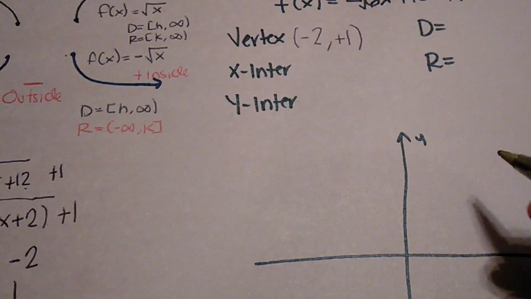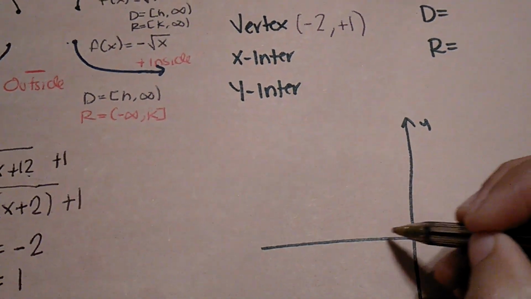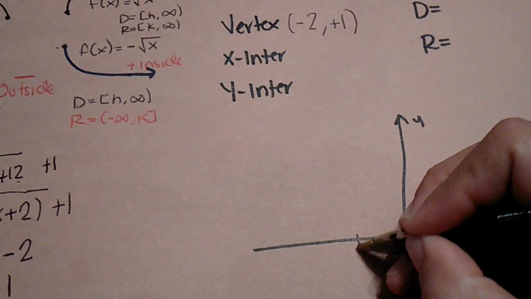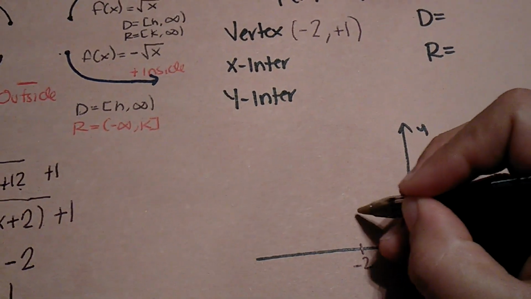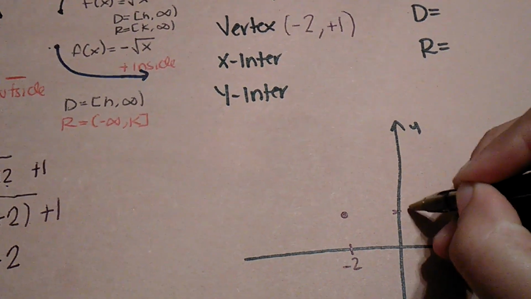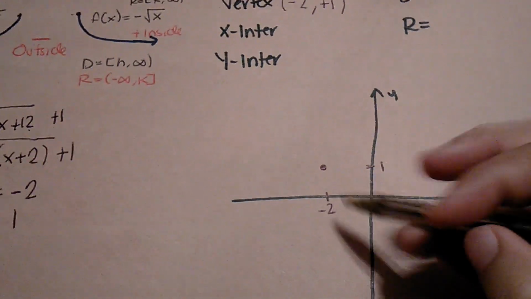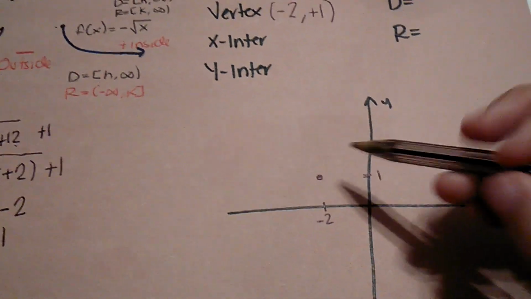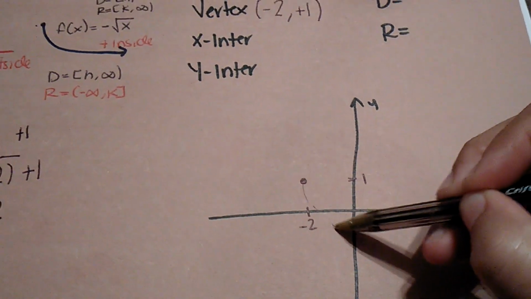So my minus 2, comma, plus 1, it's going to be here. And because of this, now my shape is going to be something like this.